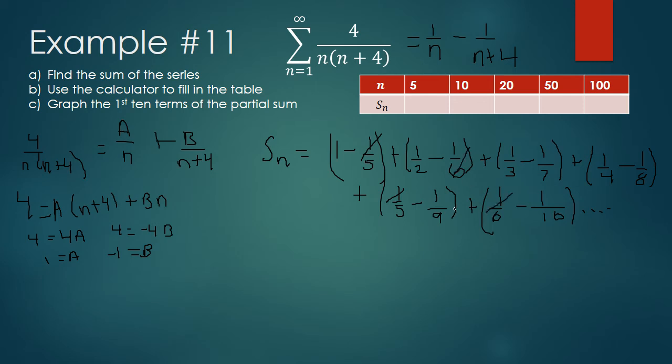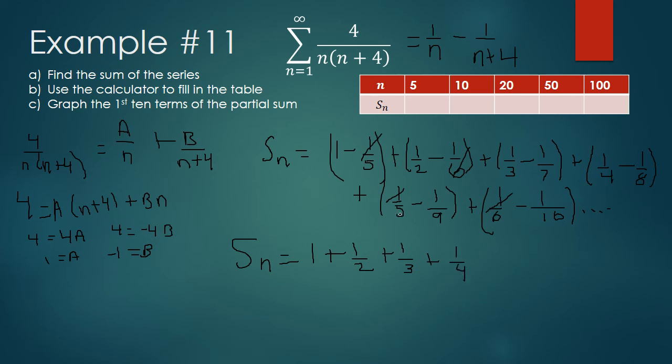So I'm going to keep going, and I'll probably cancel out these numbers right here, right? But where did I start canceling? I'm never going to cancel out the 1/2, the 1/4, or the 1/3. So my S sub n, I'm going to have the 1 plus the 1/2 plus the 1/3 plus the 1/4.